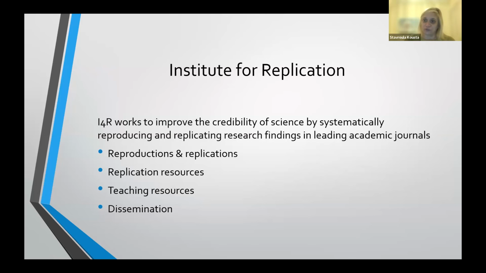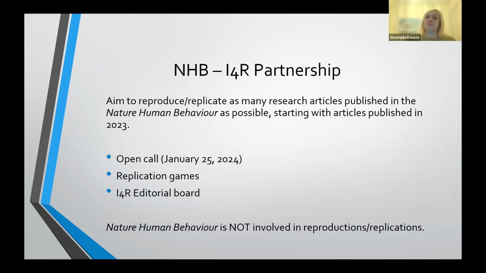It also offers replication resources as well as teaching resources. And the Institute also contributes to the dissemination of outputs of these efforts. The Institute was founded in 2022 and it has had an impressive output, hundreds of papers reproduced and replicated.